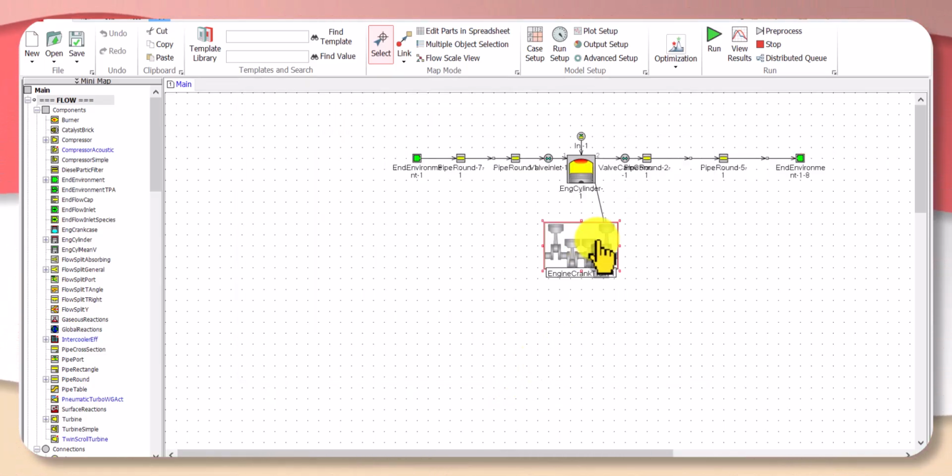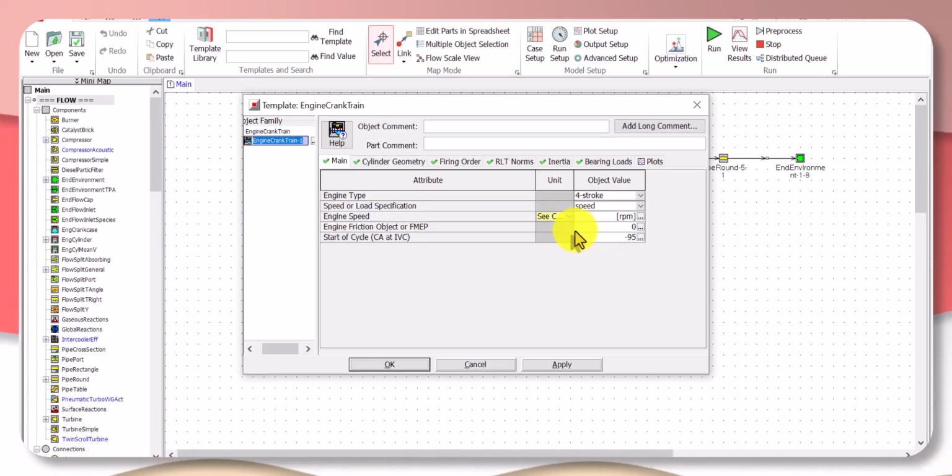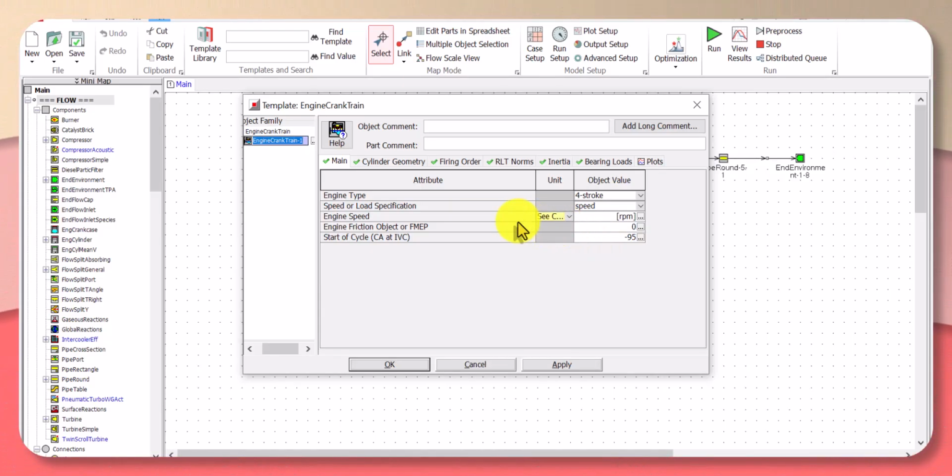And absolutely we have the crank train here, where we can define the engine features.